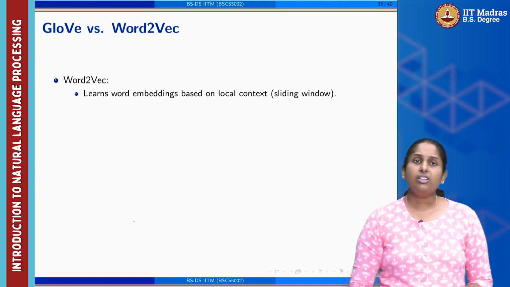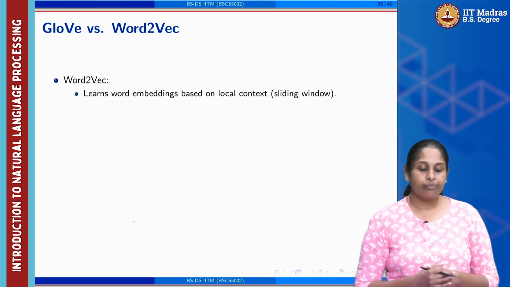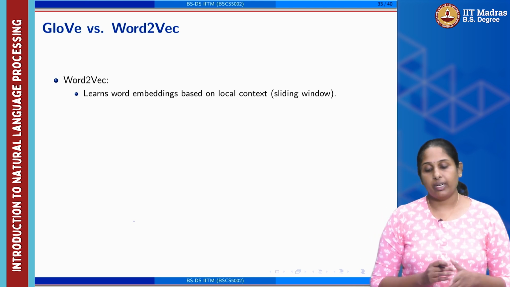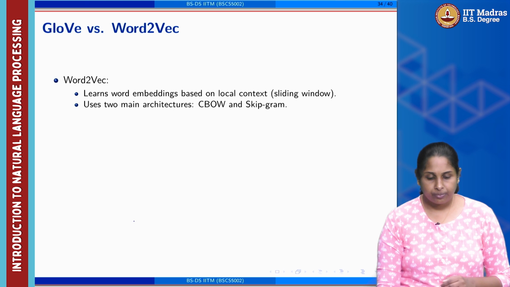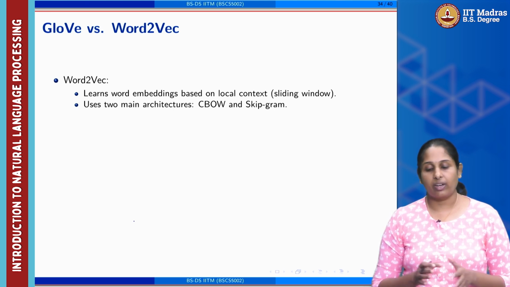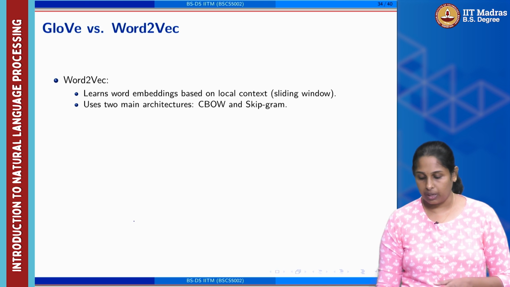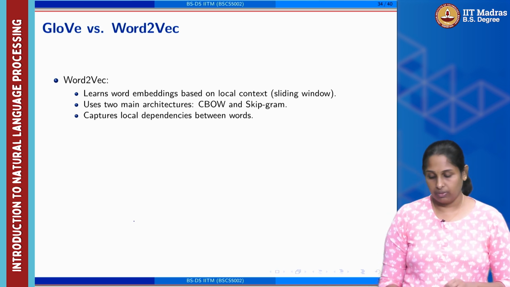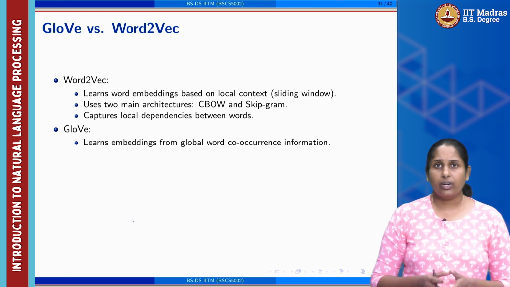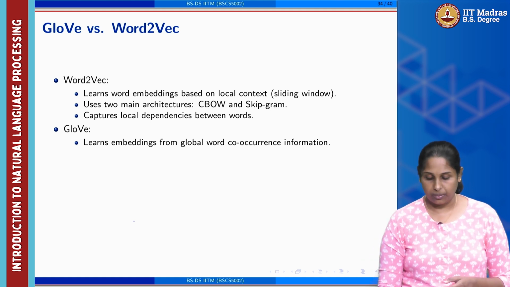Now the difference between GloVe and word2vec, as we just have discussed: word2vec learns word embeddings based on local context, that means the sliding window, and it uses two main architectures, one is CBOW, another one is skip-gram, and it captures the local dependencies between words. GloVe, on the other hand, learns the embeddings from global word co-occurrence information.